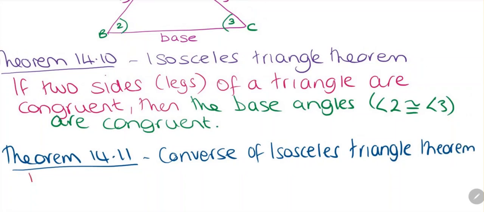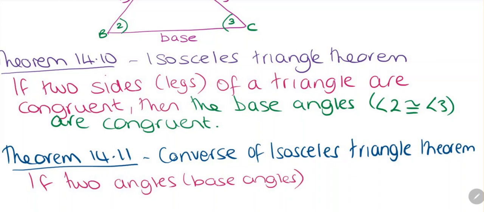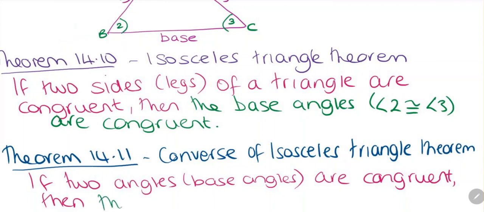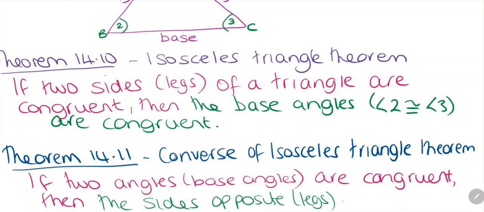And this says if two angles, which are going to be the base angles, are congruent, then the sides opposite, which we're calling the legs, are also congruent.